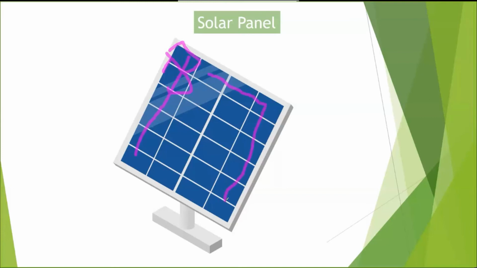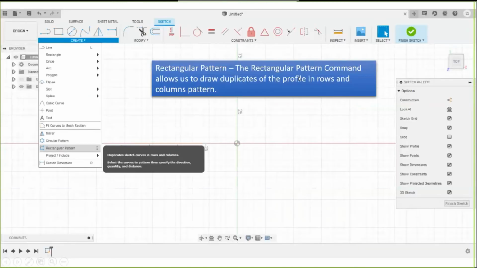You can't draw this type of thing with a circular command. You have to change the command, and the command which you are going to use to draw the solar panel blades, solar panel vanes, or you can say cells, is the regular pattern.